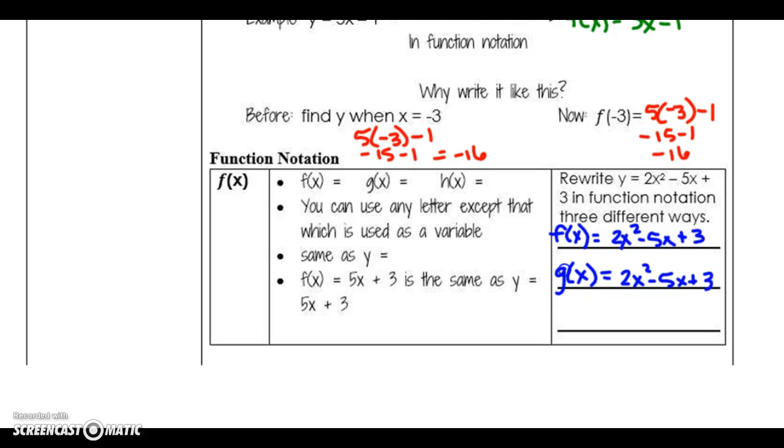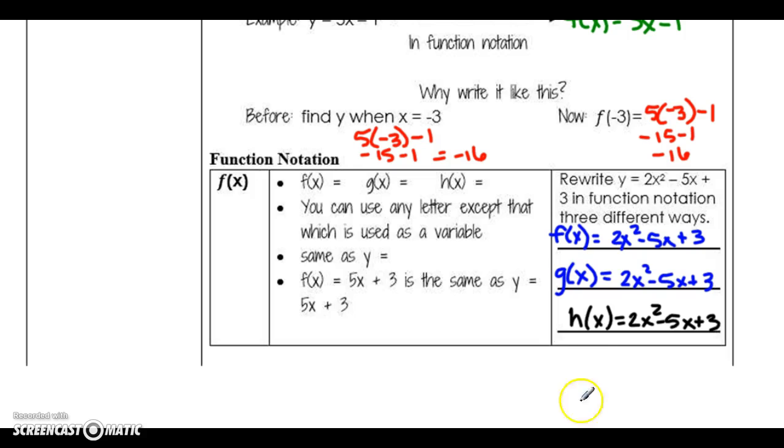Go ahead and try writing one on your own. Again, any letter can be used except for the letter that you are having in your equation, which is x. So you can't have x of x. Go ahead and pick a letter and write out an equivalent function. All right, and you could have picked h of x or s of x, any letter there.